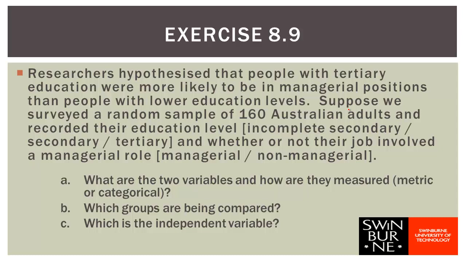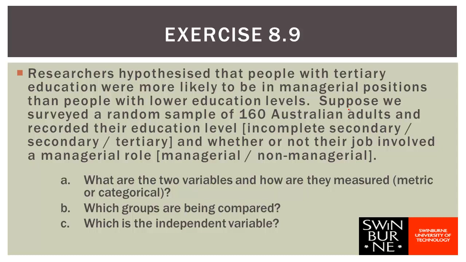Okay, so with this question, we've got education level, which has 3 different categories, so it's categorical, and whether or not a person is in a managerial role, which again is categorical. So we've got 2 categorical variables, which means we should be using our chi-squared. The groups that we're comparing, we are interested in those with tertiary education versus those with lower education, and whether the tertiary ones are more likely to be in managerial positions.